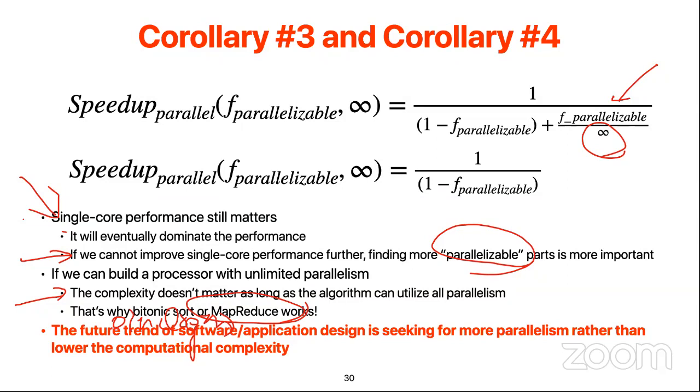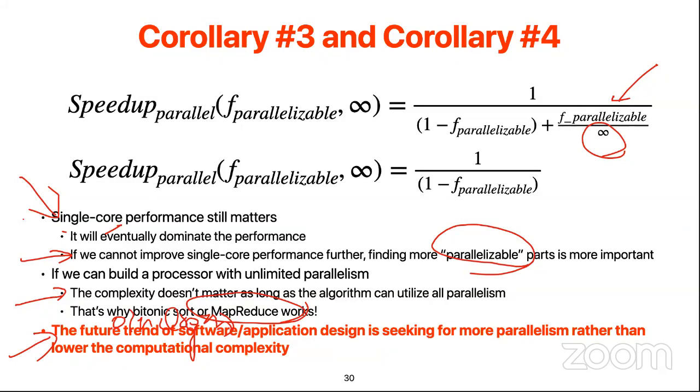So this is the most important implication here, and this is the truth I want to let you know. The future trend: because the hardware is changing, instead of making faster single core processors, we are making processors with more and more cores.